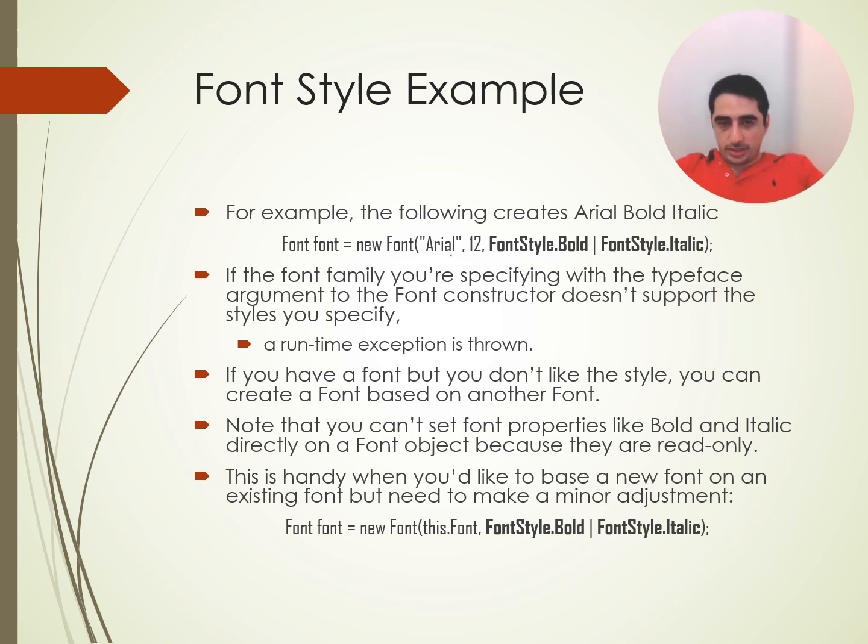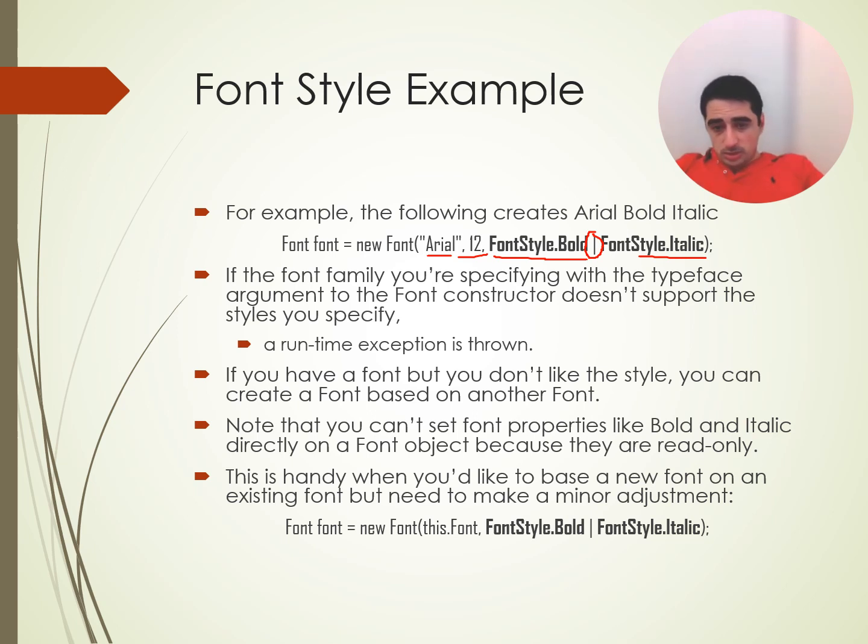For example, I created Arial 12, and the style would be a bold italic one. So I basically do a bitwise OR between bold and italic from the font style enum, I should say.